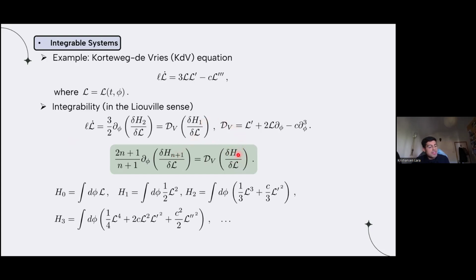Then if you replace n by 2, you will be able to find H3 and so on. And these are the functionals that I am showing you here. You can find H0, H1, H2, H3, and so on. It is in fact an infinite tower of functionals, and all of them will be conserved in time. I am going to show you the proof immediately.